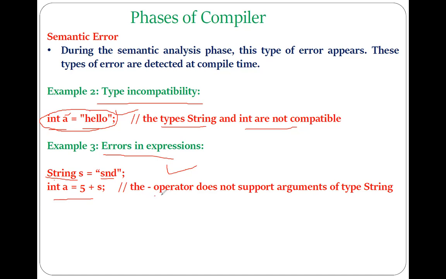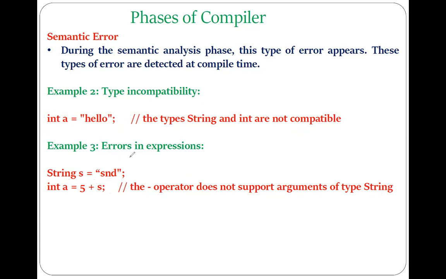Here you can see the operator does not support an argument of type string. The addition operator doesn't support the addition of an integer variable and a string. This kind of mistake usually comes from the programmer, and detection of that kind of mistake as a semantic error is done by the semantic analyzer phase of the compiler.